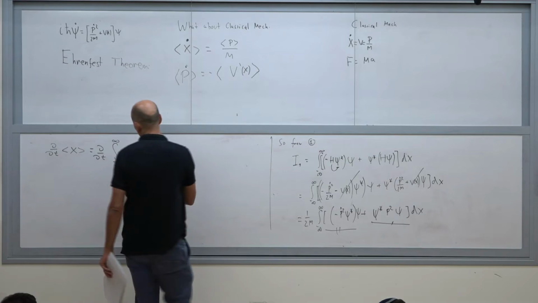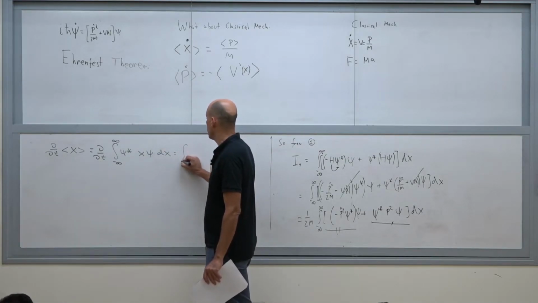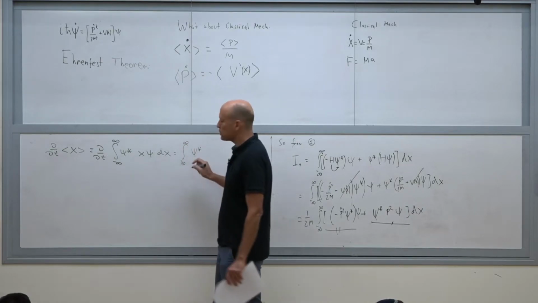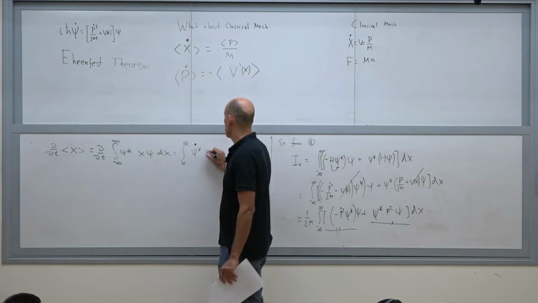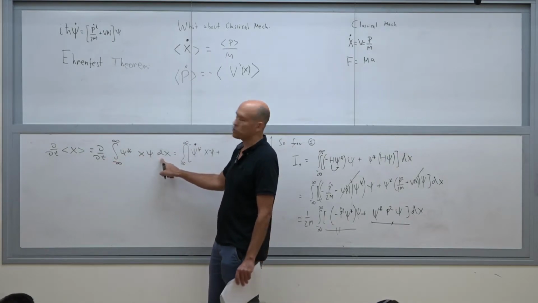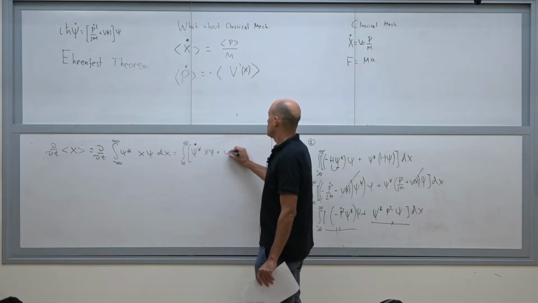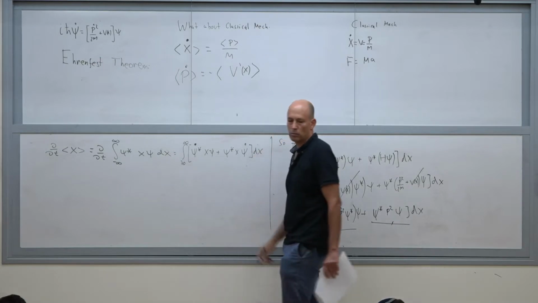Now I can always take the time derivative and put it inside the integral, and this contains two terms: the integral from minus infinity to infinity of psi star, the complex conjugate of psi, times x times the time derivative of psi, plus the time derivative of psi star times x psi. x is just an integration variable, I don't need to take its time derivative, but psi depends on time.